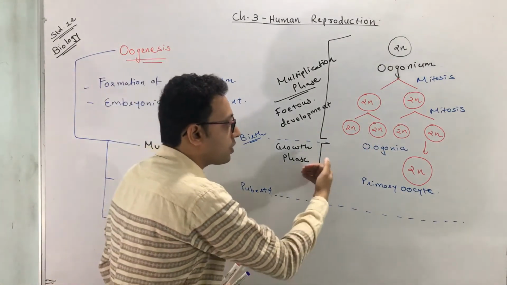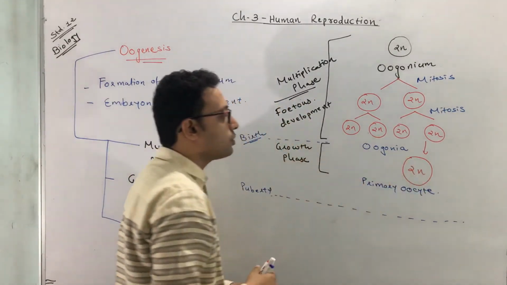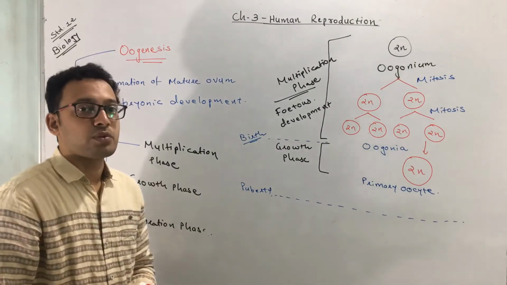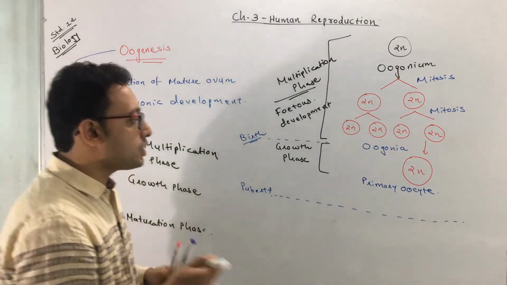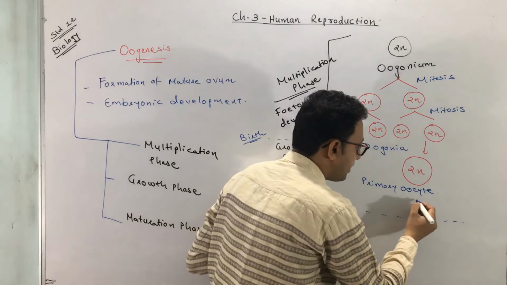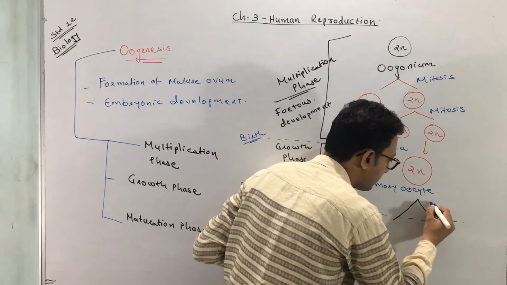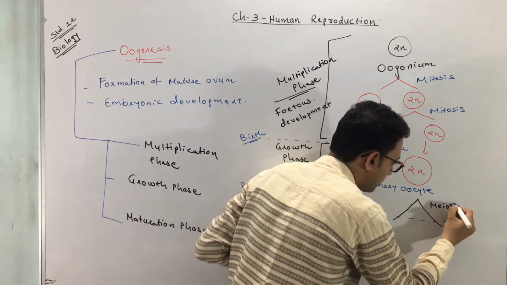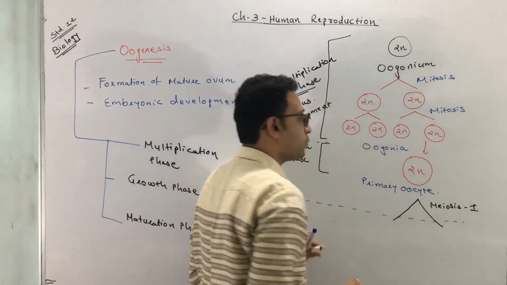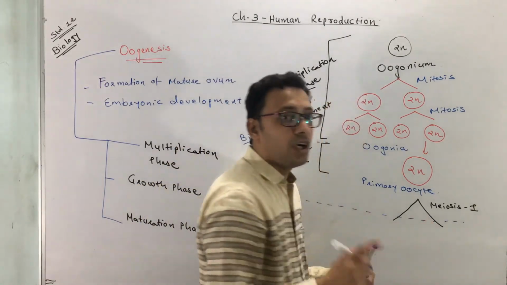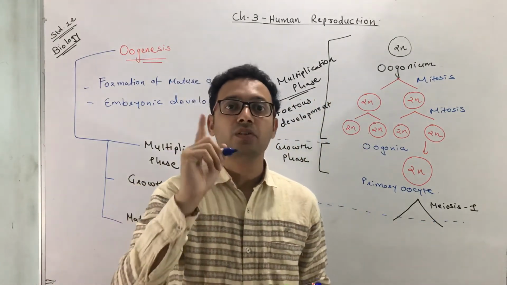Now the growth phase starts and the primary oocyte develops. Let us see how the process occurs. This primary oocyte enters into the first meiotic division, meiosis 1, and it gets temporarily arrested in prophase 1 of meiosis 1.